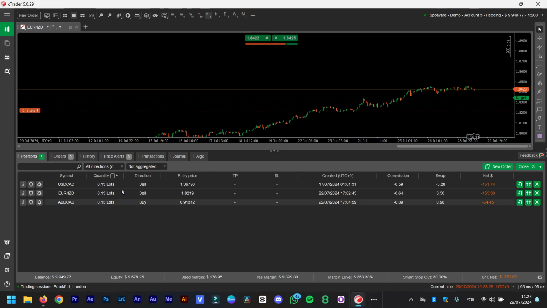So what I want to do with the proportionalized lot size of the accounts, according to the spread I'm paying, the commission, and also the swap, is make sure that if I have 6, 7, or 8 trades open at the same time, I still have above 2,000% of margin.